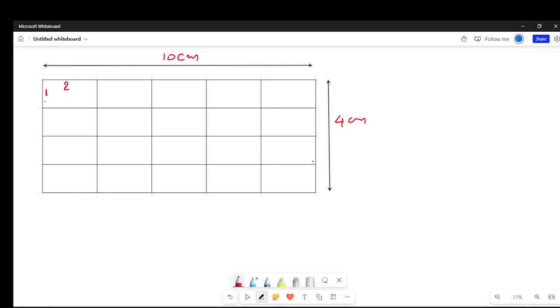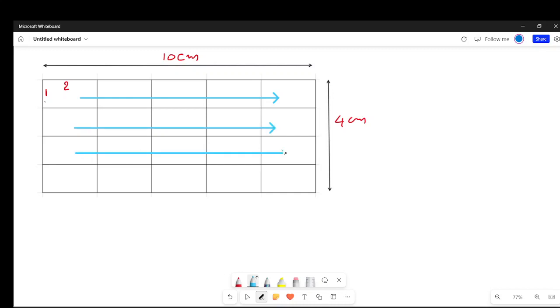How many tens? You get tens here. Clear?